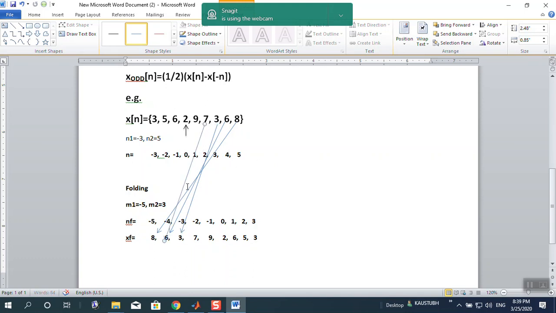Then this 7 comes here. Then this 9 here. Then this 2 is at the same position, at 0. Then this 6 is here. Then this 5 is here. Then this 3.